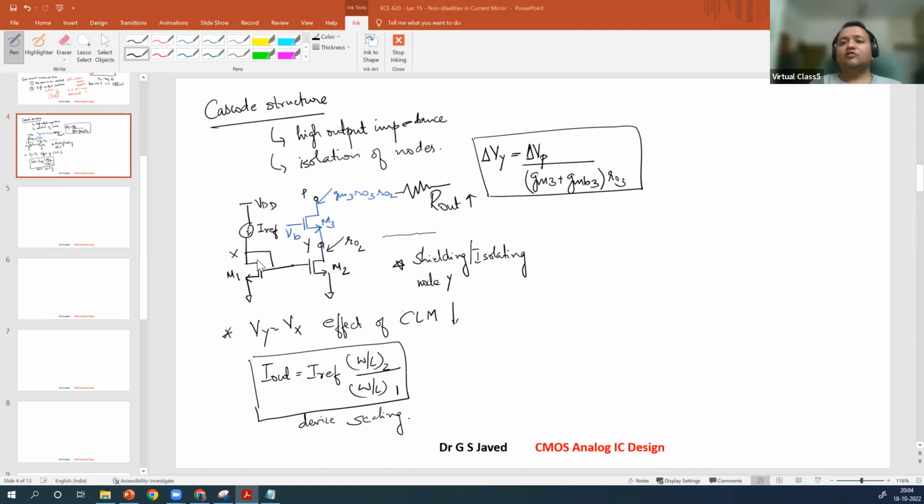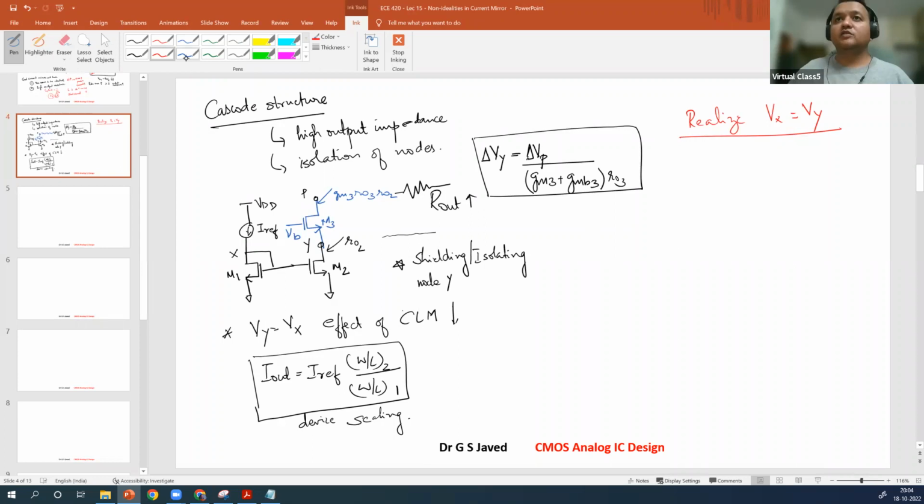Now, for that condition to be satisfied, you have to have a unique condition. That is this Vx voltage that you see at this gate. Now let us realize Vx equal to Vy. Now understand what the Vy condition is.